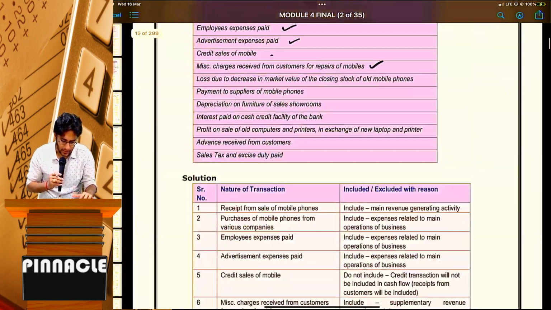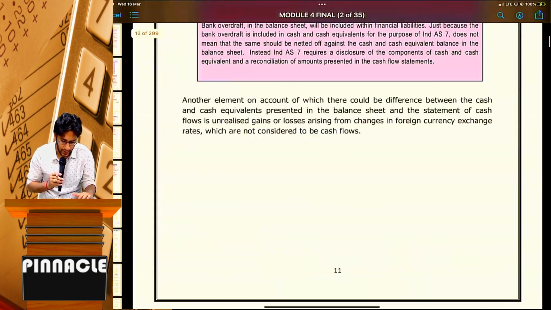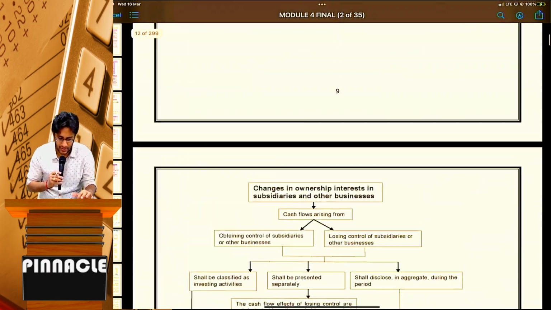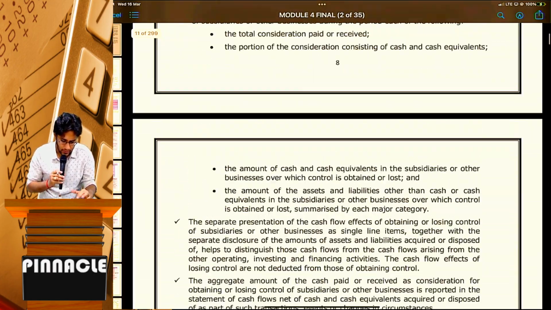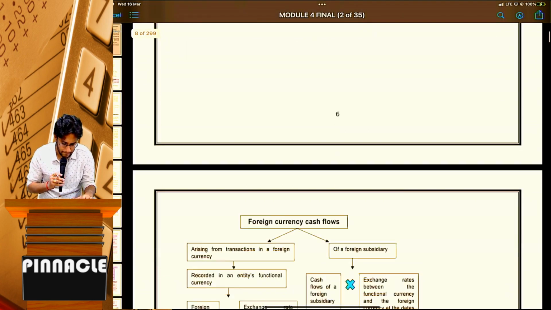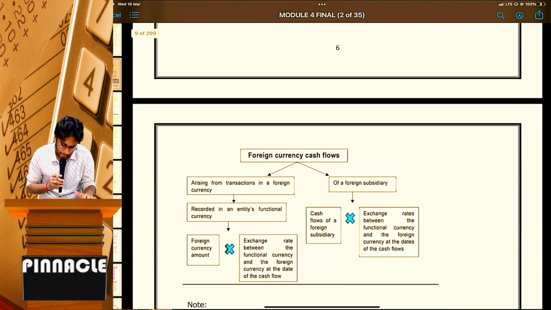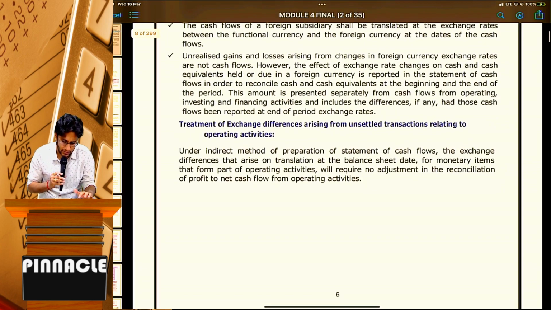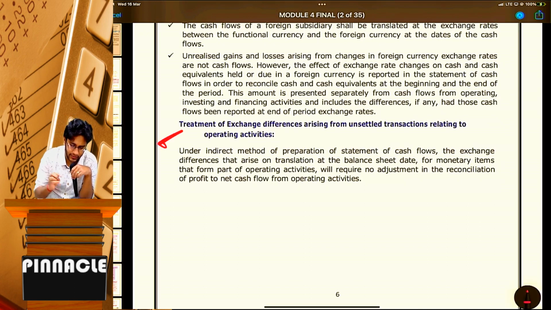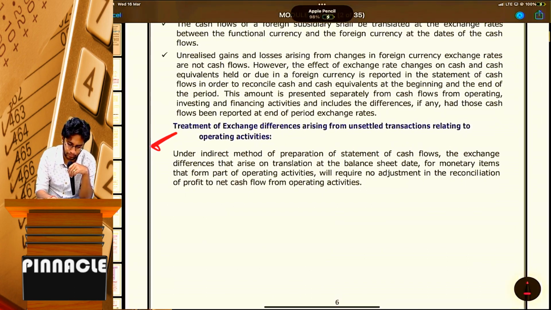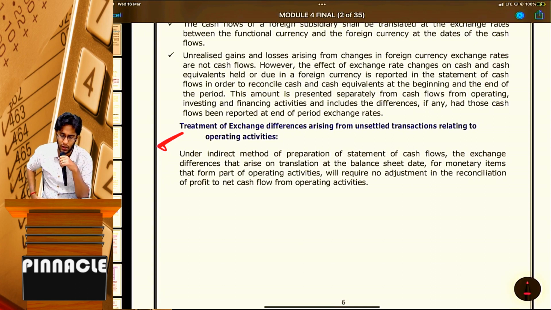In that, I skipped one item wantedly. Where is that hiding? Page number 6. Read this correctly. Under the indirect method of preparation of statement of cash flows, the exchange differences.